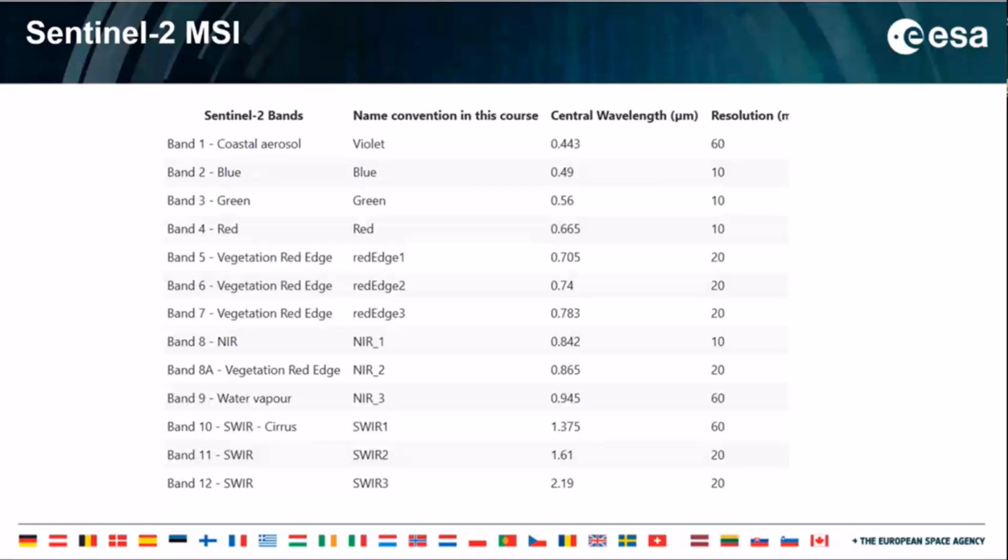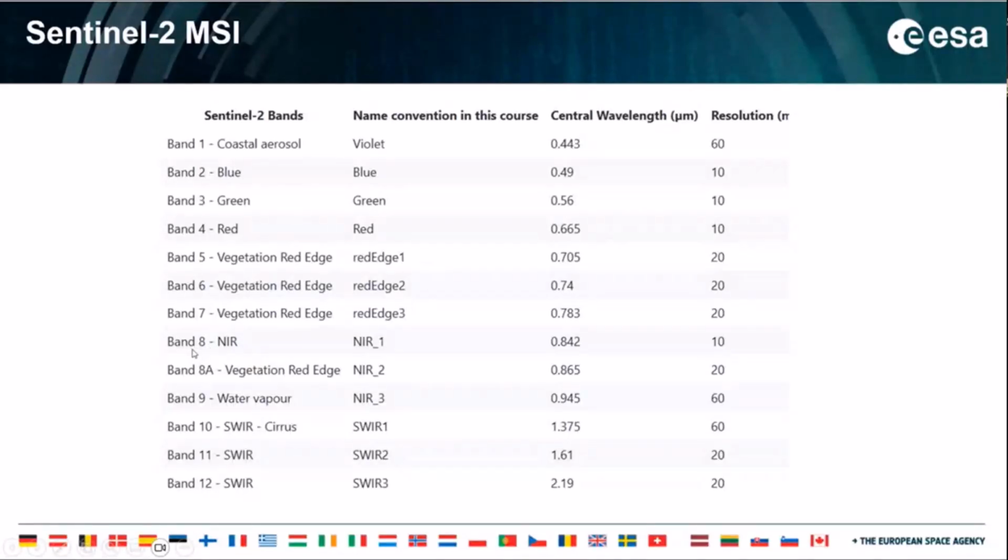Now, for our case, we will apply these indices to Sentinel-2 MSI. Sentinel-2 is part of the Copernicus mission, and it has 13 bands. The numbering goes to 12, but just take note that band 8 is repeated.